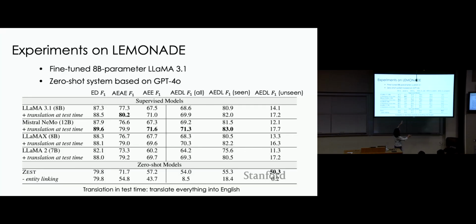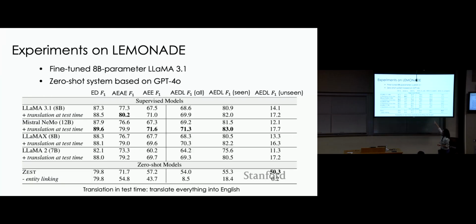But if you look at the AEE numbers and the AEDL numbers, you can see that the linking is a primary reason for the argument extraction to be where it is. It is really a matter of you lose that much already just looking at the entity, and then the drop from that with the AEE problem is not that different.